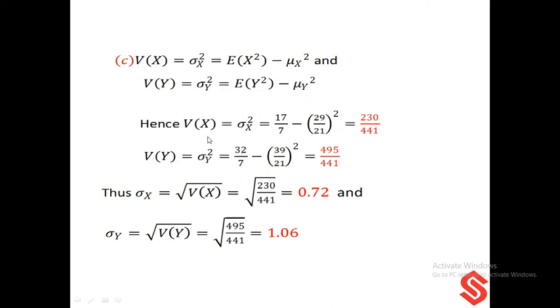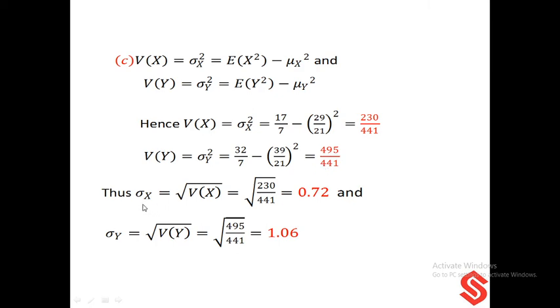So first let us find V of x, that is E of x square is 17 by 7 minus mu x, which is 29 by 21, whole square, we get 230 by 441. Next, V of y is equal to E of y square, which is 32 by 7, minus mu y square, that is 39 by 21 whole square, we get 495 by 441.